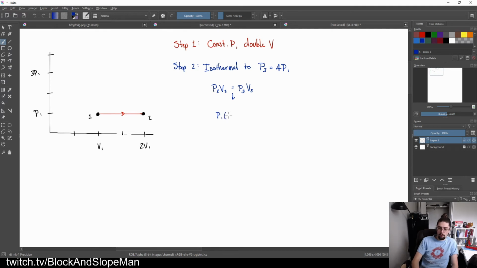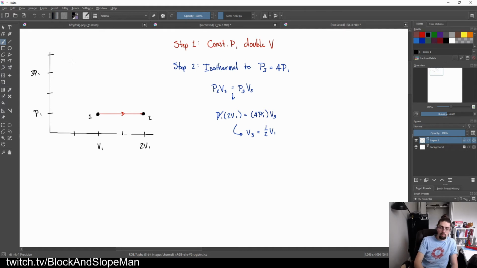V2 is 2 times V1. I already know that P3 is 4 times P1. And I'm just trying to figure out where I should put V3. So let's rearrange this a little bit, cross out those, divide over by the 4, and what we find is that V3 is equal to 1/2 of V1.